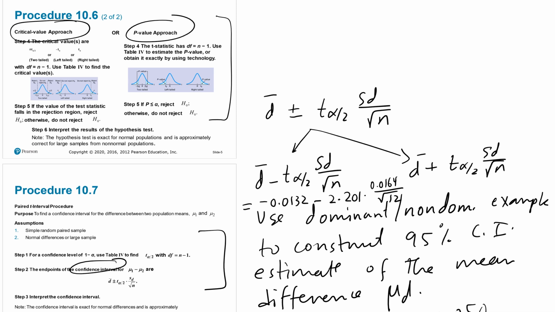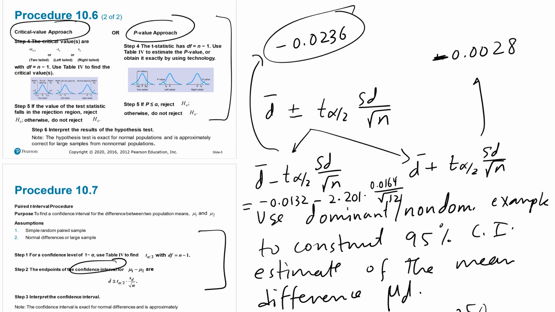And the same thing for the other bound. If you'd like the answers, I got negative 0.023 for this one, and for that one we got negative 0.0028. So this means we are 95% confident that the mean difference between the dominant hand's reaction time and the non-dominant hand's reaction time is between these two values. That's how we interpret it.